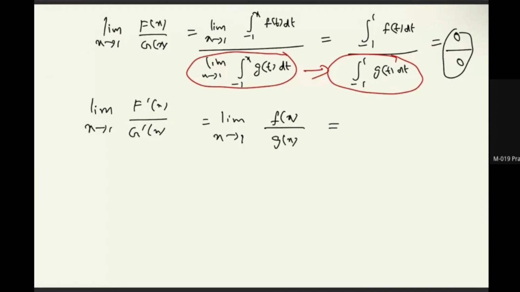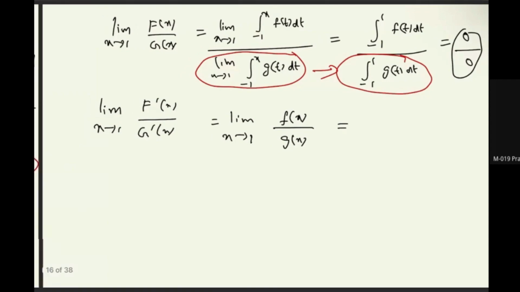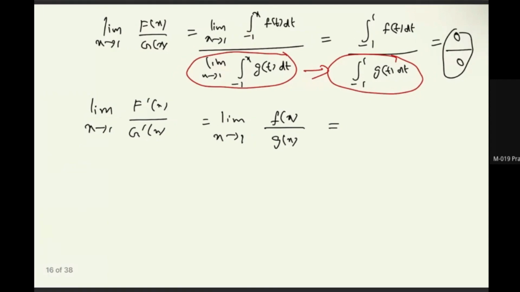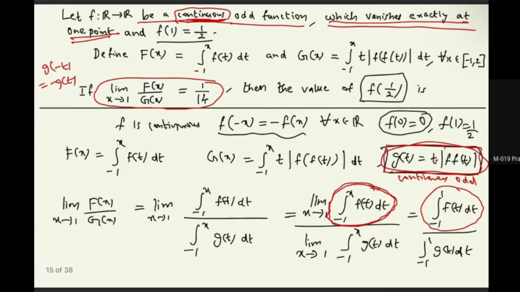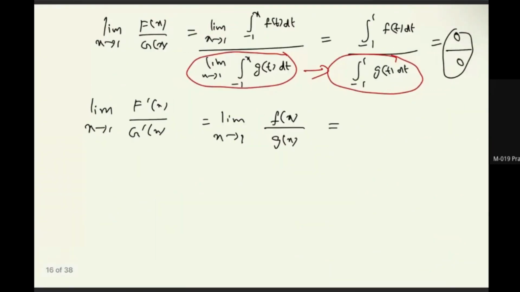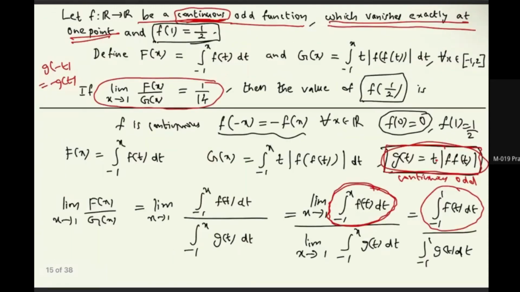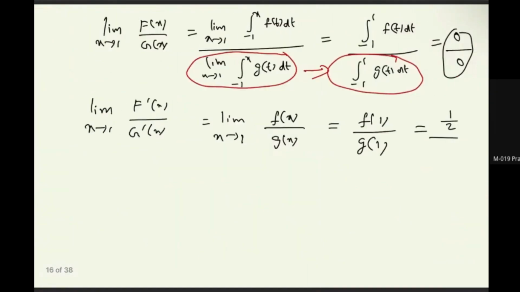Now, can you apply this? What is the limit as x tends to 1 of f of x? Yes, I can, because I will go back to the previous page. f of 1 is given to be half and f is continuous. So the limit as x tends to 1 of f of x is f of 1. Similarly, g is continuous at 1, so g of 1. What is g of 1?